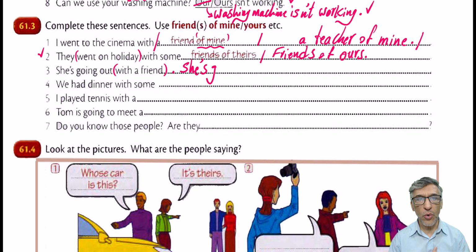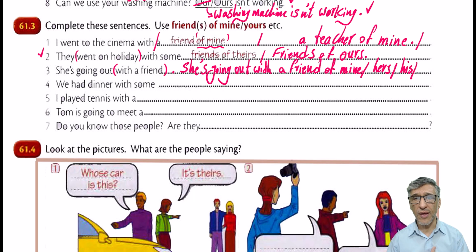She's going out with a friend, one friend of mine, of hers, of his. Maybe there is a reason. We do not know, okay? She is going out with a friend of mine, of hers, of his, of ours. It's a mutual friend. Yes, it's possible.